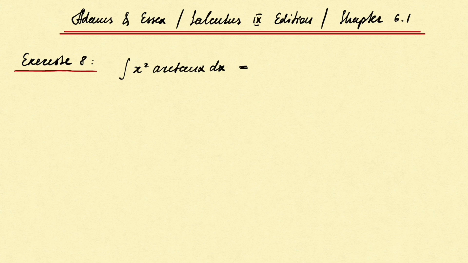So we have a little bit of a similar structure to what we had in the last video of ours. This time it's x squared instead of 1 and arctangent of x.